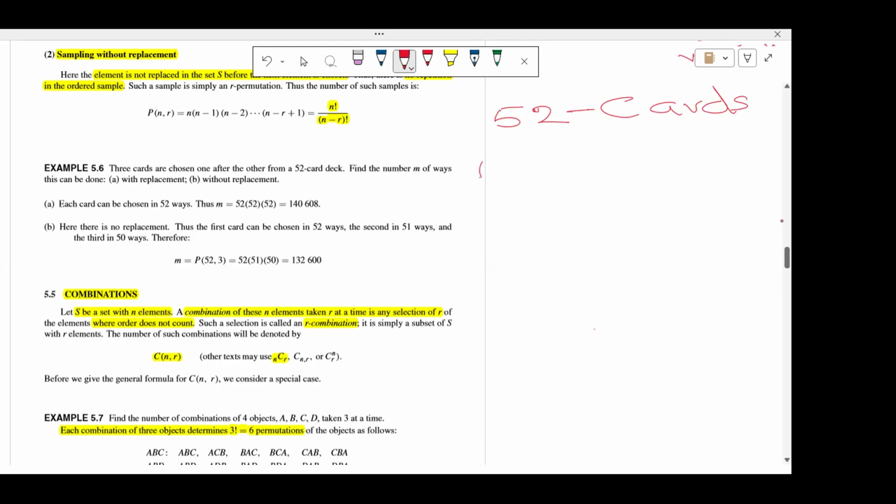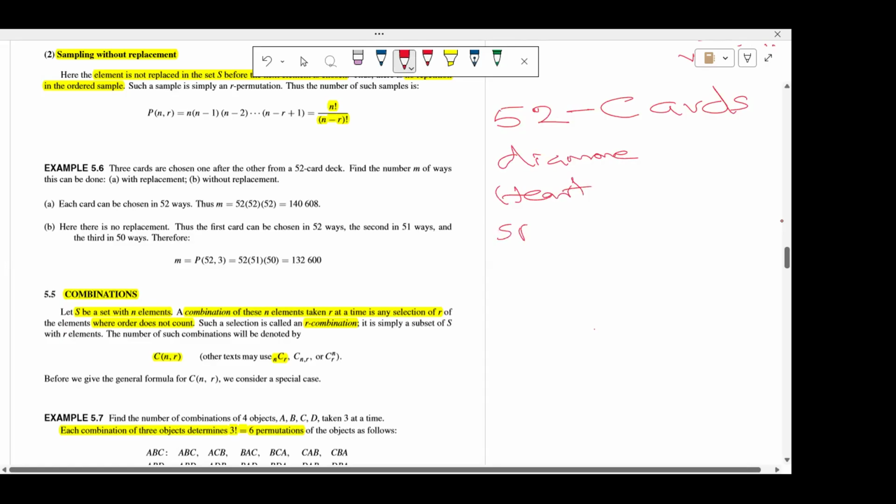We have four types of cards: diamond, heart, spade, and clubs. Diamond and heart are red color.